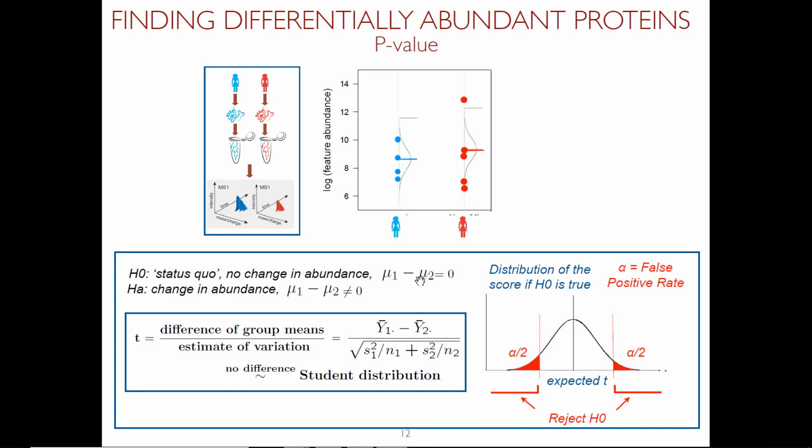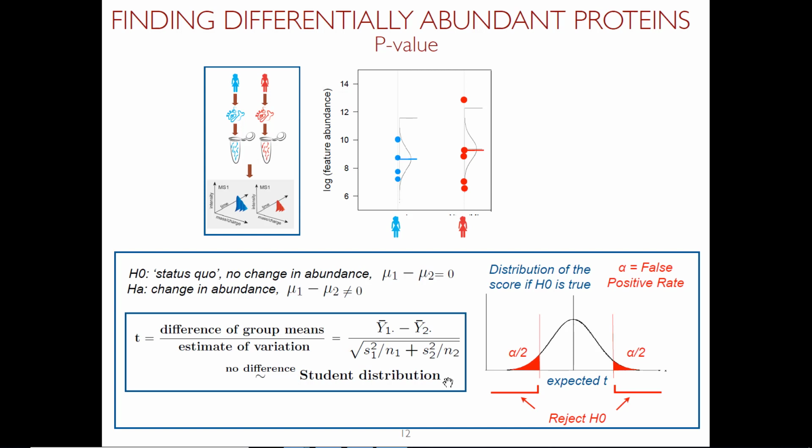Now, if our data have exactly a normal distribution, then the signal-to-noise ratio will also have a bell-shaped normal distribution. If it's normally distributed with unknown variance, it will be a distribution which is very similar to the normal distribution, also bell-shaped, which is described as a Student distribution.